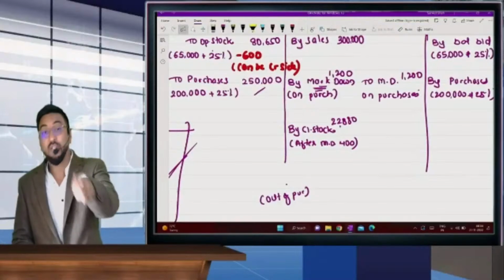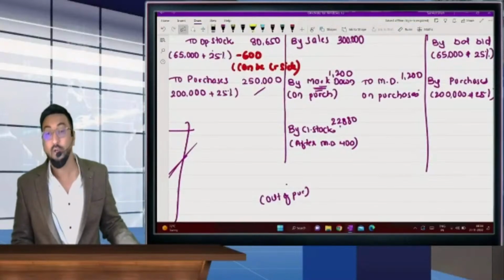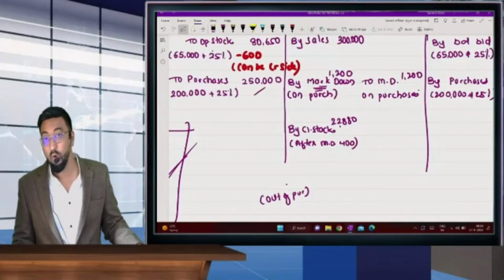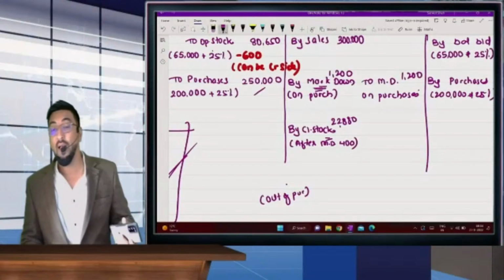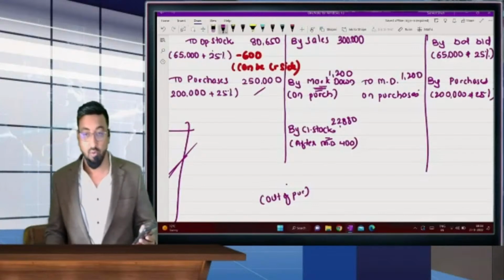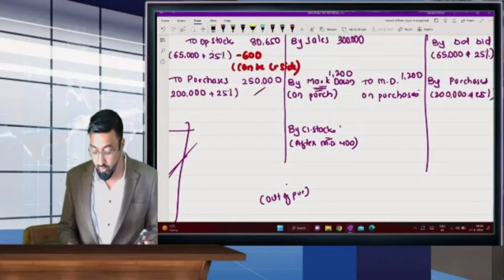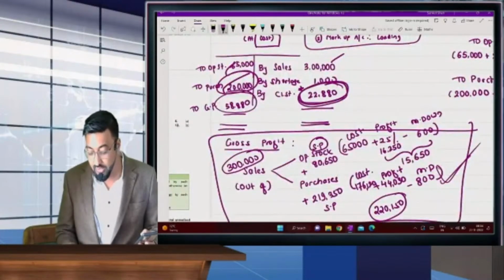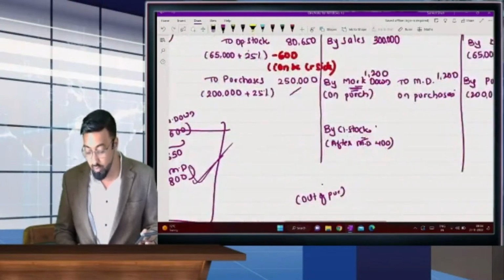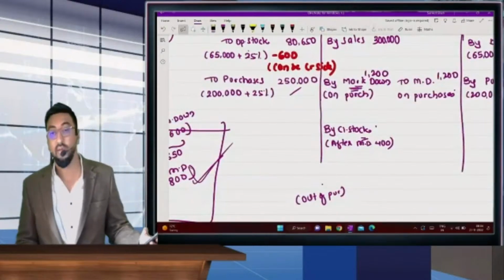Now question is open to you. Question to all of you. Can you calculate loading on this closing stock? चलो अभी इसके ऊपर आप लोग मुझे लोडिंग बताओगे. This 22,880, so what is the value? Closing stock 22,880. What you are going to write in closing stock?